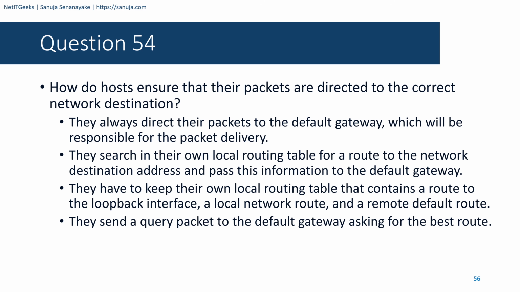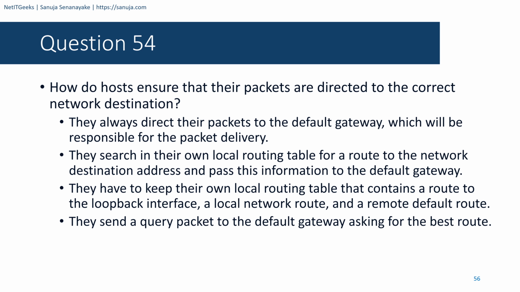They search in their own local routing table for a route to the network destination address and pass this information to the default gateway. They have to keep their own local routing table that contains a route to the loopback interface, a local network route, and a remote default route. They send a query packet to the default gateway asking for the best route. So which answer is the best answer here?